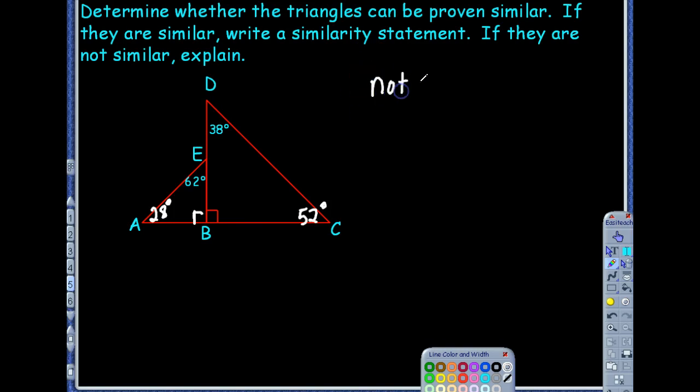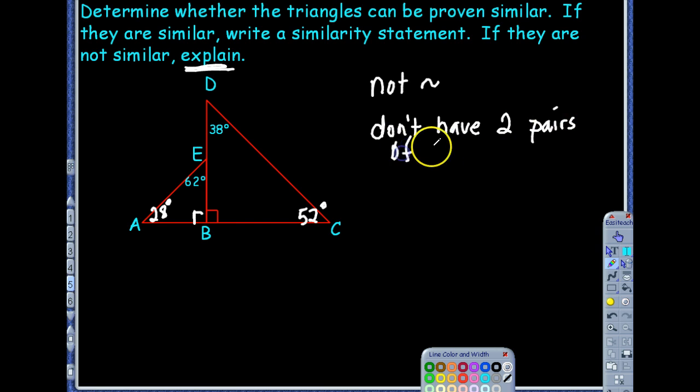So not similar. And it does say explain. So I could say that I do not have two angles that are congruent. So there are not two sets. Don't have two pairs of corresponding congruent angles. Now, you can't say I don't have congruent angles, because we do.